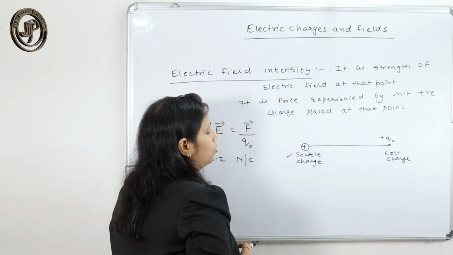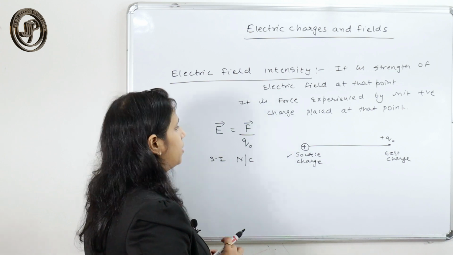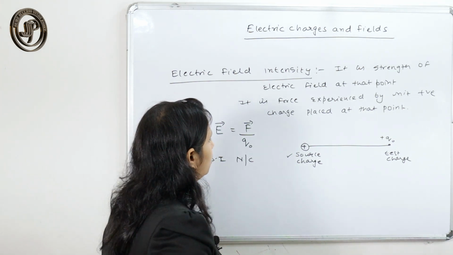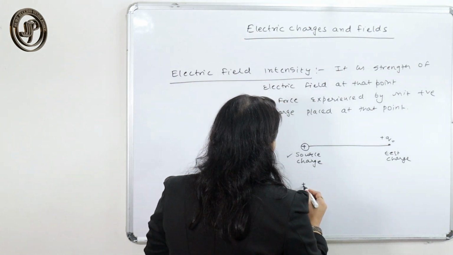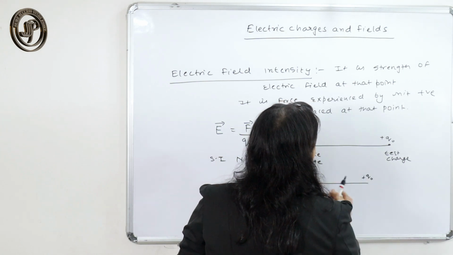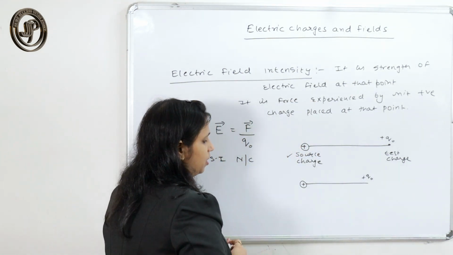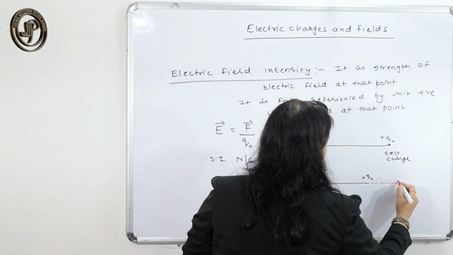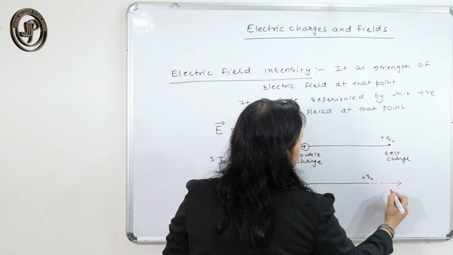Now how do we predict the direction of electric field? That is the very important thing. If your source charge and test charge both are of the same sign, then the direction of electric field is away from the source charge.